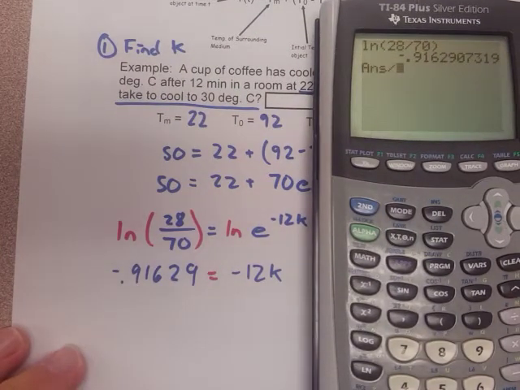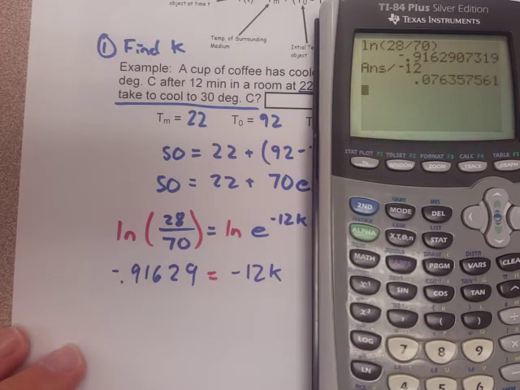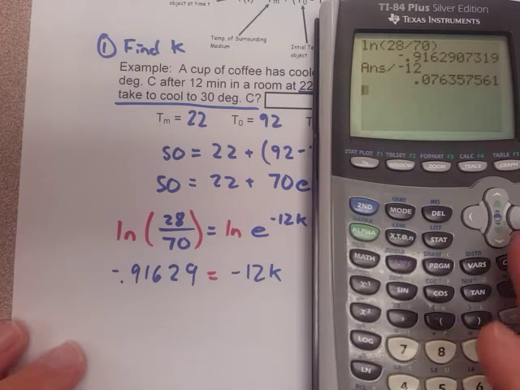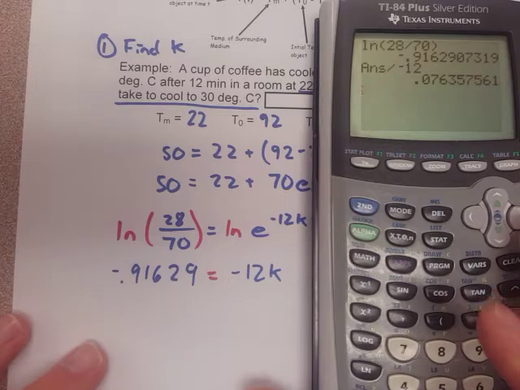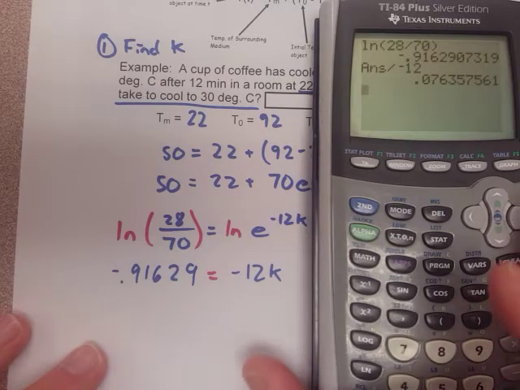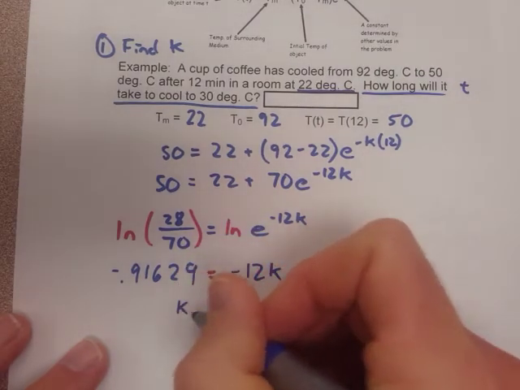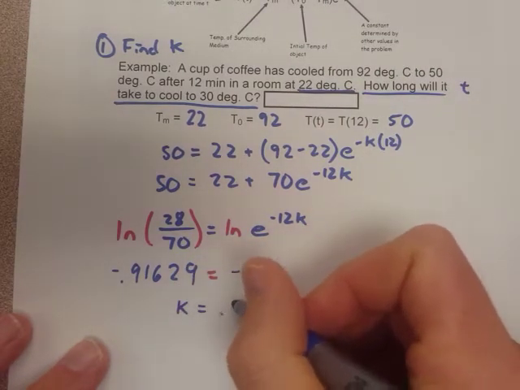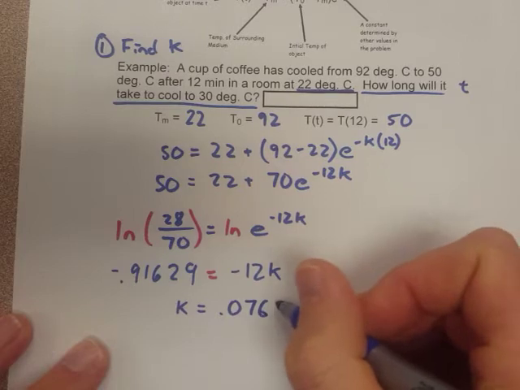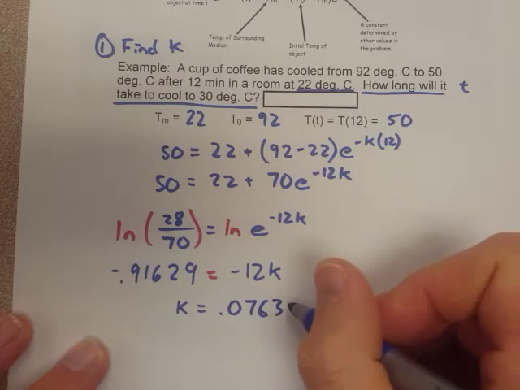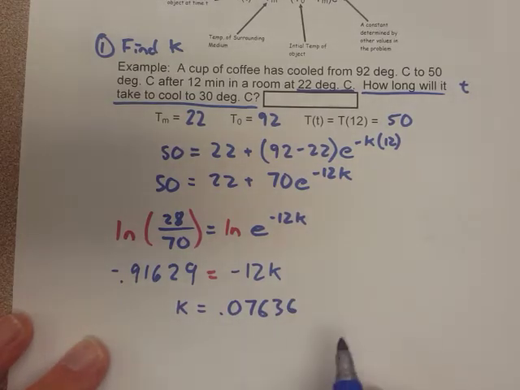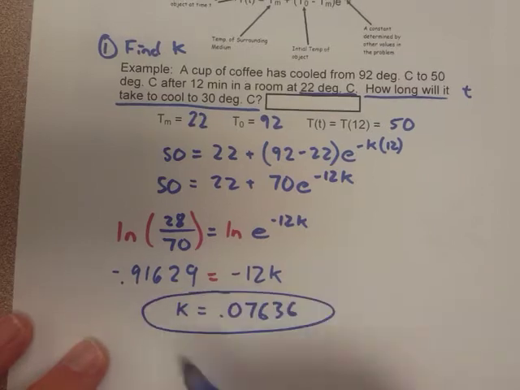So divide that by negative 12, and we get 0.07636. Let's round that k value to 5 decimal places, which should be enough for our k value.